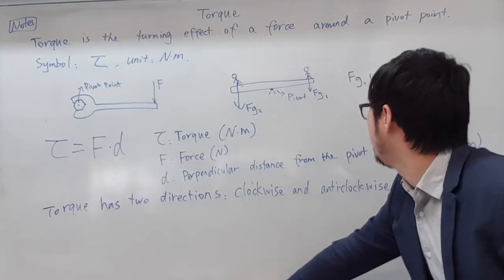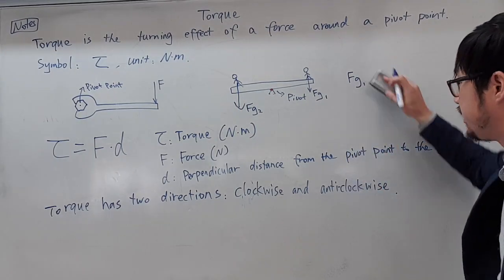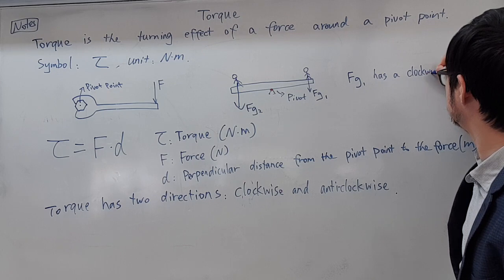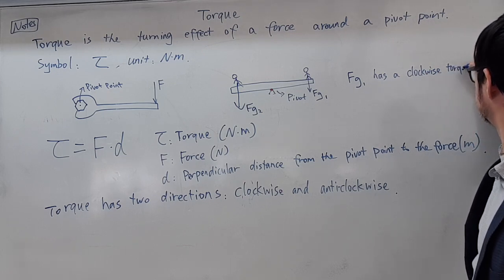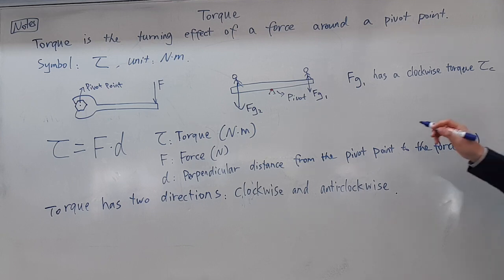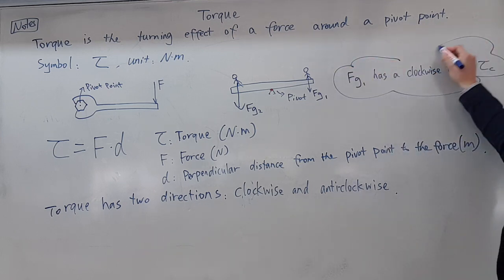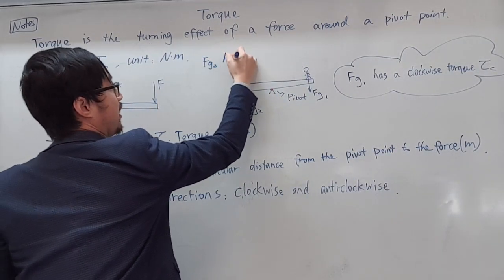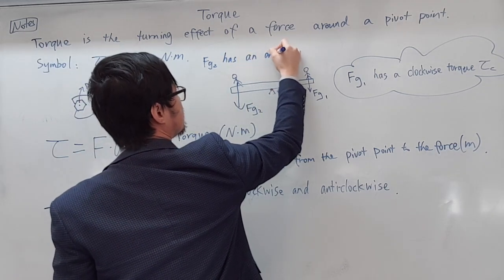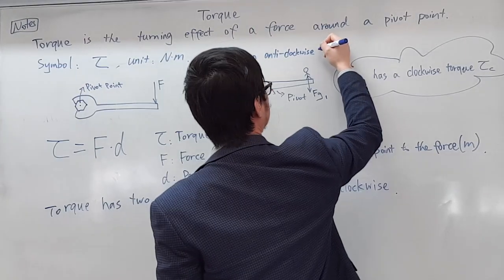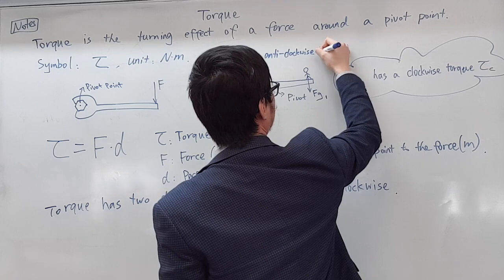I wouldn't say it will have. It has, right? Because it's already trying to turn it. I can call it torque clockwise, or torque 1, or whatever you call it, okay? Because this is F1. And I'll say here FG2 has an anti-clockwise torque.